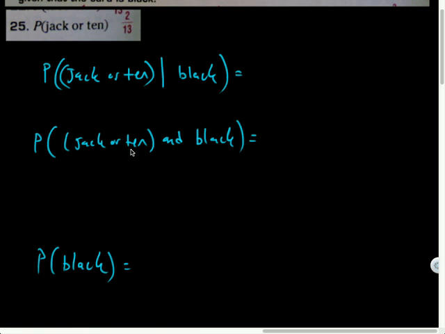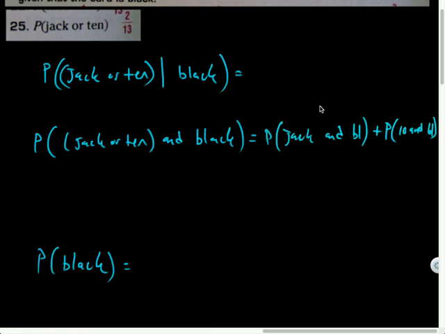I don't have to subtract the overlap of Jack and 10 because that doesn't exist. So, question, how many Jacks are black? 2. Actually, maybe I'll break that up this way. I don't know if this logic is always distributive, but this is the same as probability Jack and black plus the probability of 10 and black.